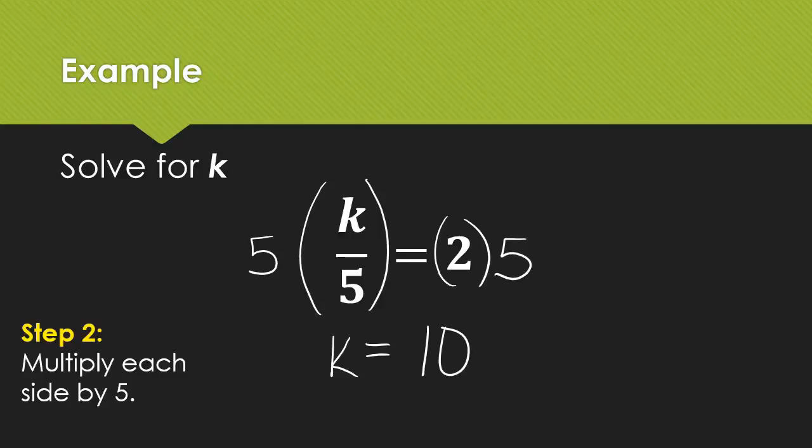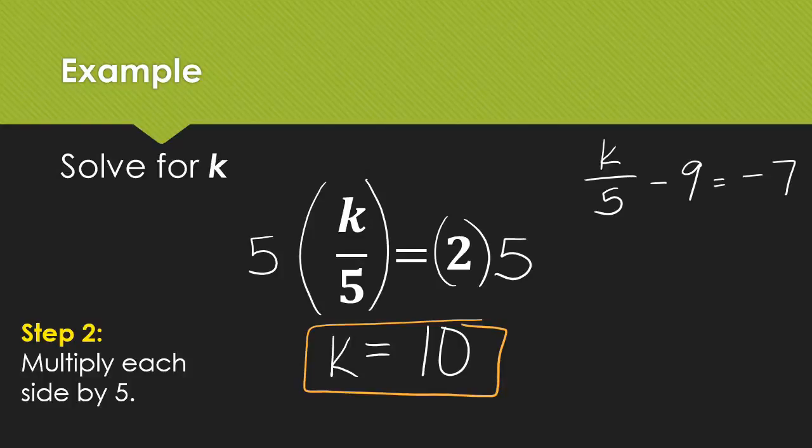And so what we can do is go back and check our work here. Our original equation was k divided by 5 minus 9 equals -7. In order to check our work, we're going to fill in 10 for k. So we have 10 divided by 5 minus 9 equals -7.